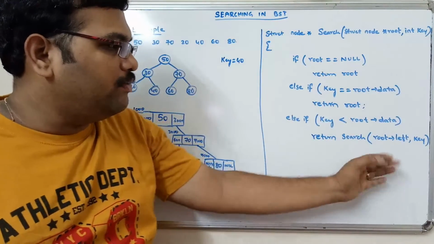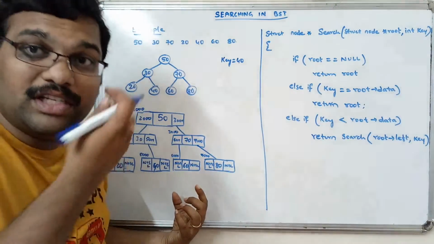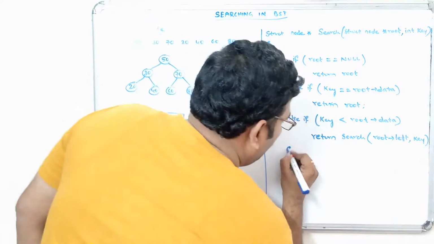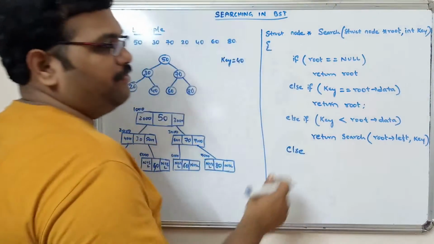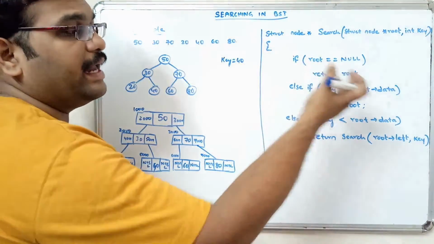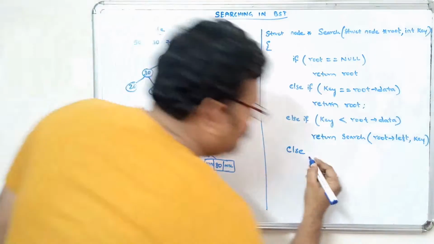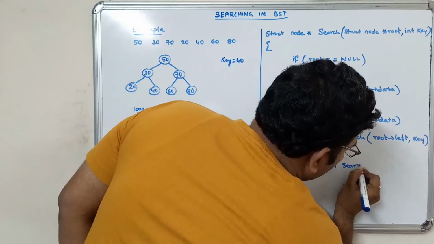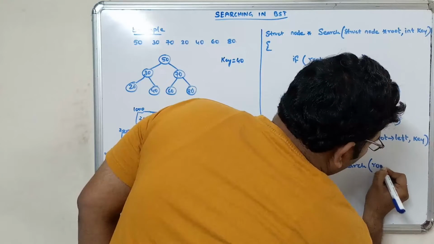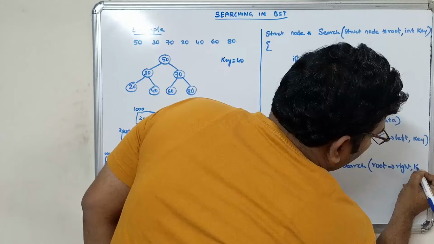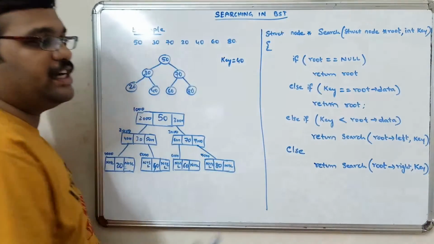In the recursive call we are reducing the problem space or search space, so root of left comma key. Else, if both the conditions failed, automatically we know that the key is greater than root of data. So else we can return search of root of right comma key, right? Hope you understood this statement.